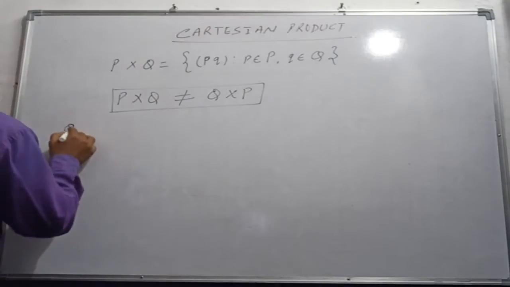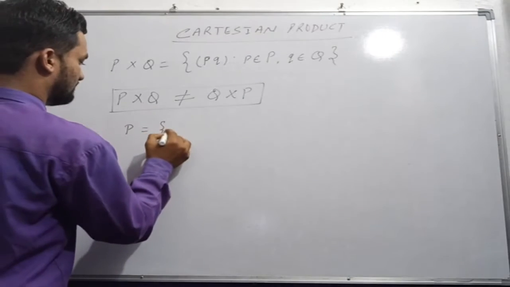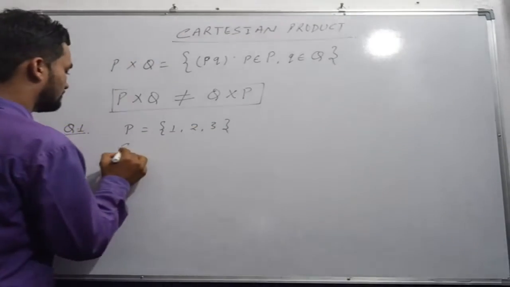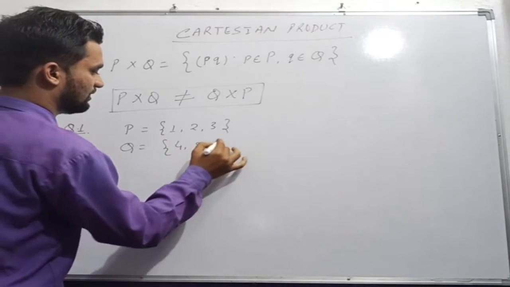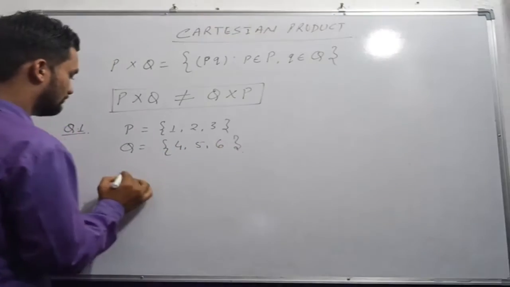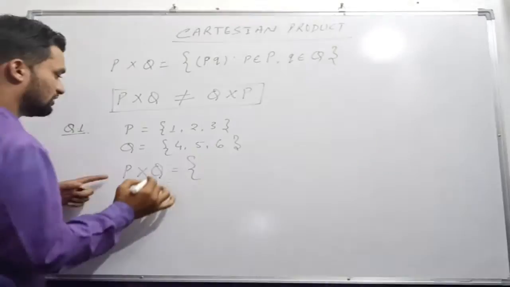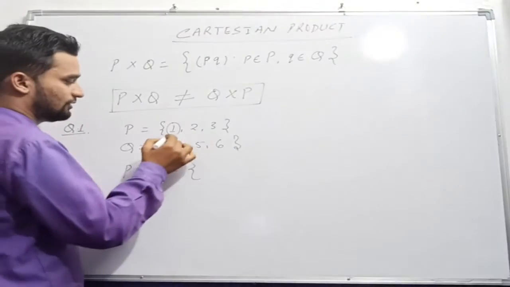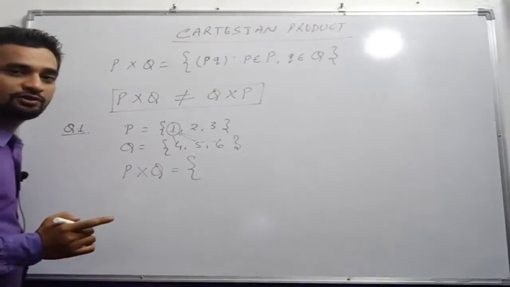Suppose I am taking question 1: set P is given, that is 1, 2 and 3, and set Q is given, that is 4, 5 and 6 also. So what will be P cross Q? It means you take the first element of the P set and make ordered pairs with all the elements of the Q set.